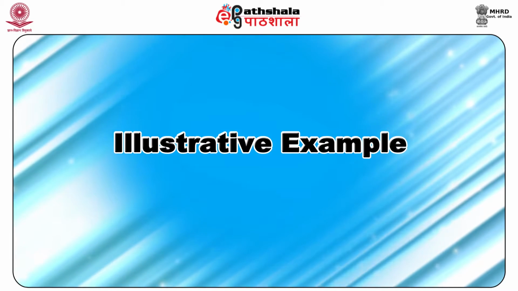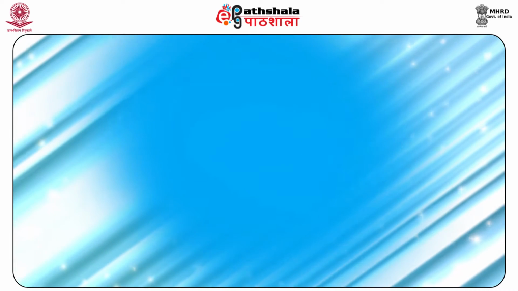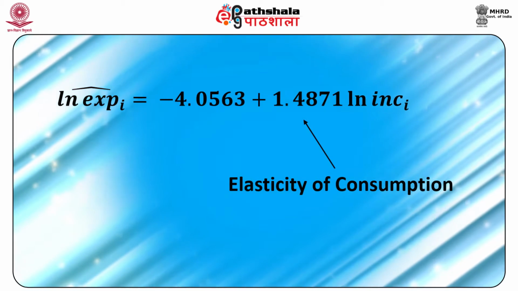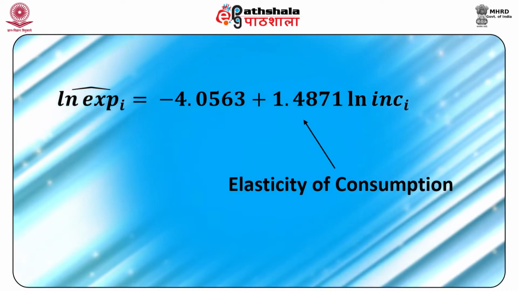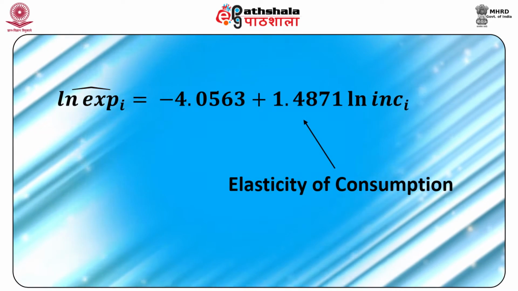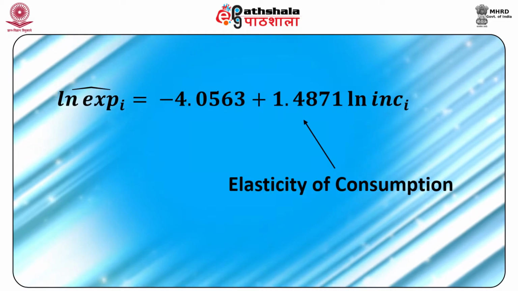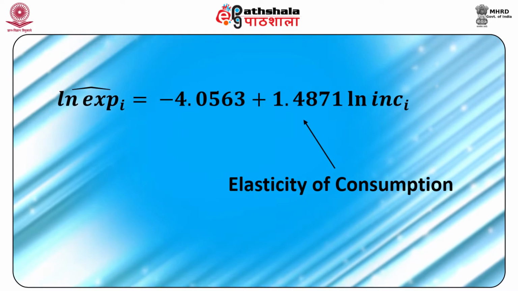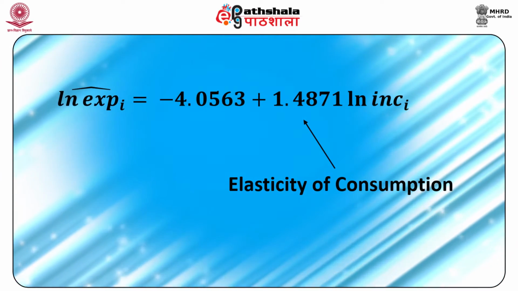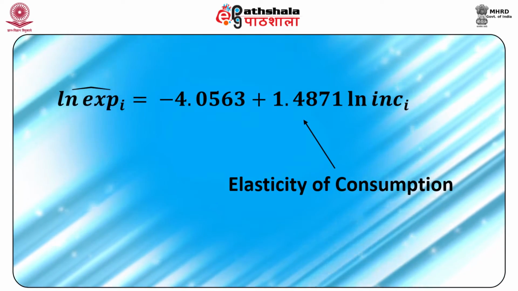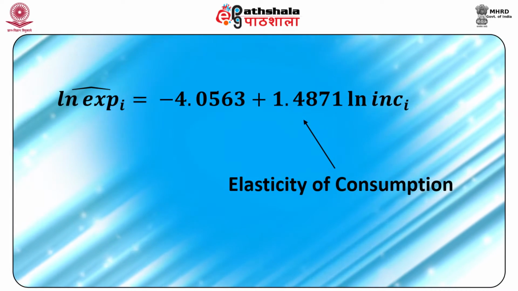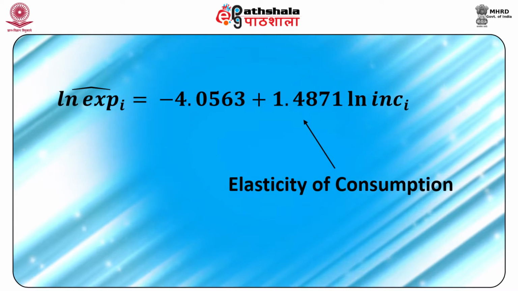Let us take an illustrative example. Consider the following results of the estimated regression model between consumption expenditure and income. So let's presume that ln EXPi is equal to minus 4.0563 plus 1.4871 ln INCi, where EXPi is the expenditure of the ith individual and INCi is the income of the ith individual.